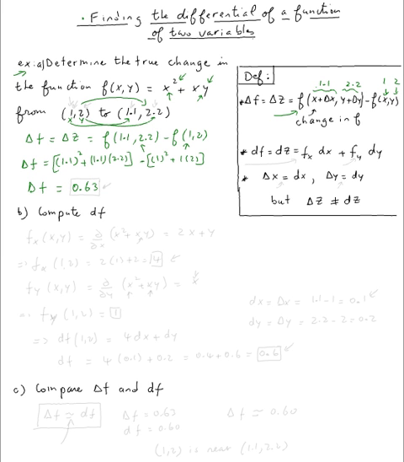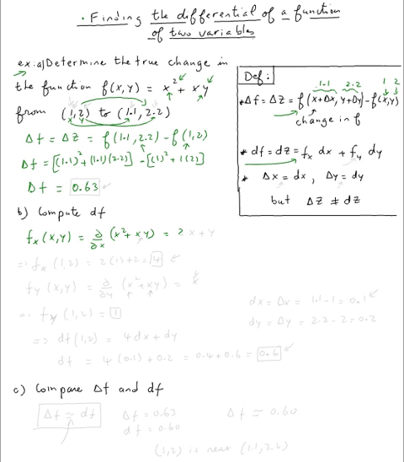Now compute df. Now df, by definition, we need to find fx, the partial derivative with respect to x. So fx of any (x,y) will be equal to what? Partial with respect to x of x squared plus xy.